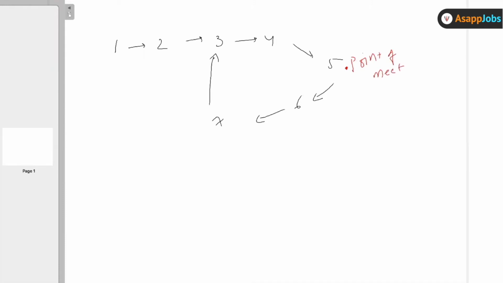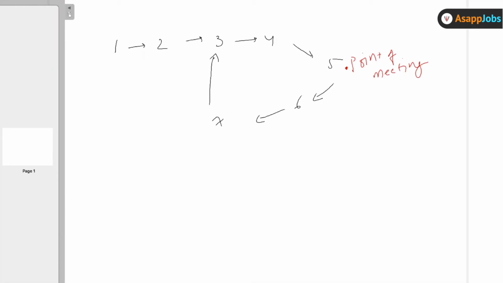I'll try to prove this concept. Suppose 5 is the point of meeting.